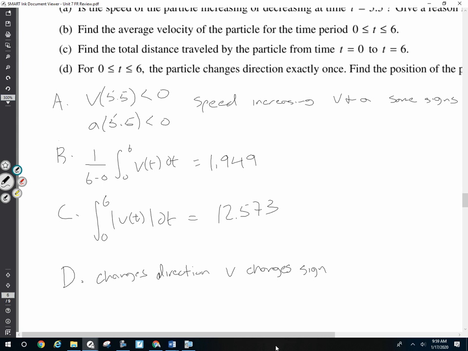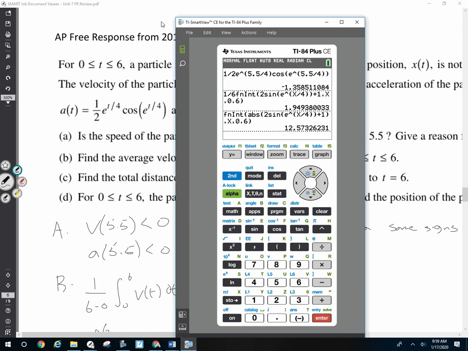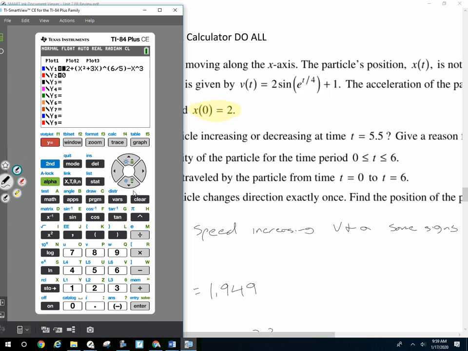Negative to positive, we change from left to right. Use your calculator. Let's graph V. 2 sine e to the t over 4. Close that. Close that. Plus 1.